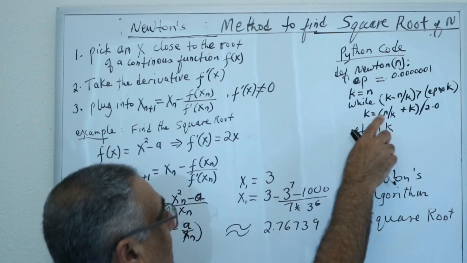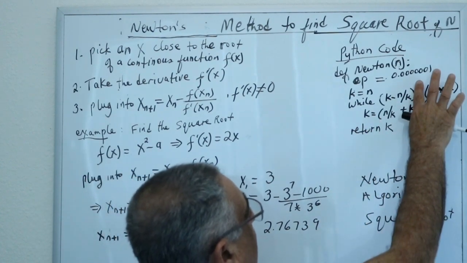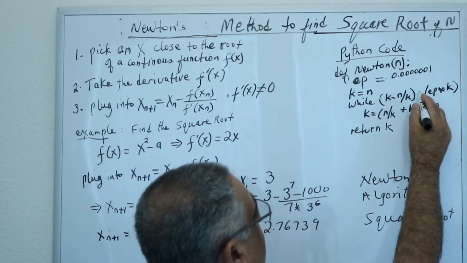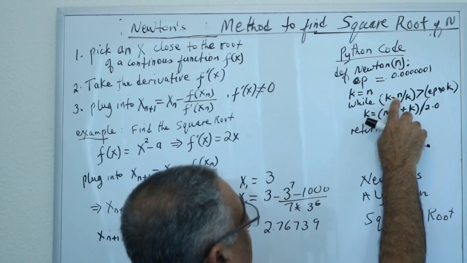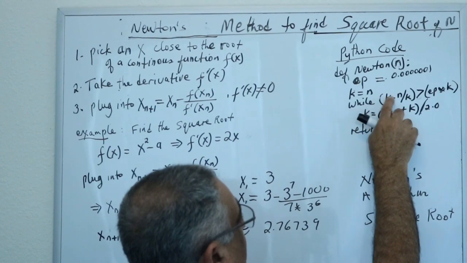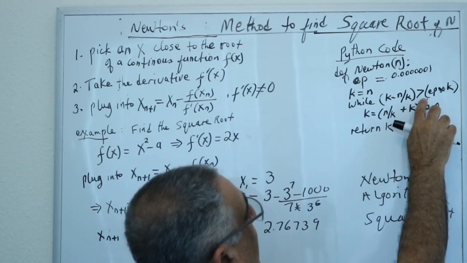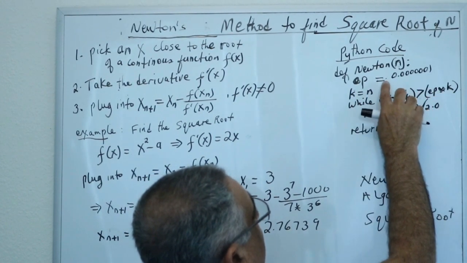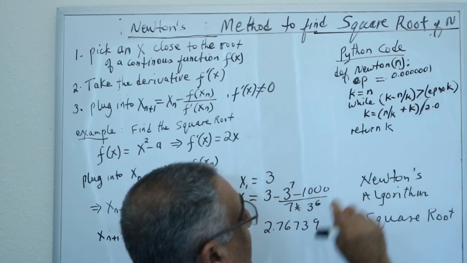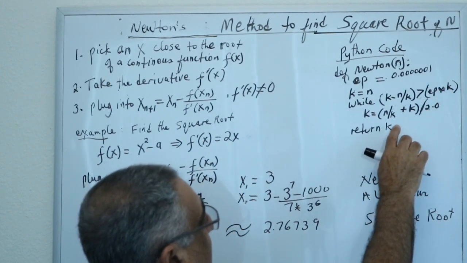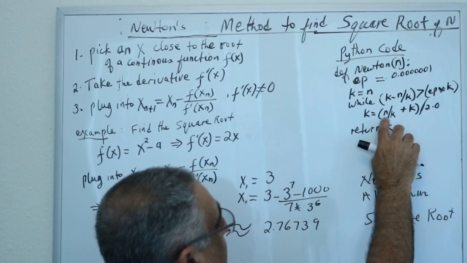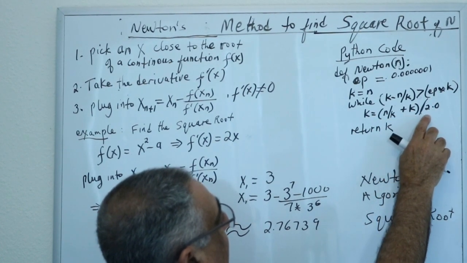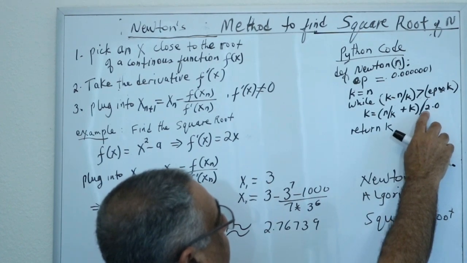Now, here's a loop. This is my while loop. This loop says, I'm going to take the absolute value of k minus n over k, because k is n in this case, as long as it's greater than epsilon times the value of k. So keep doing this: k becomes n over k plus k, divided by 2.